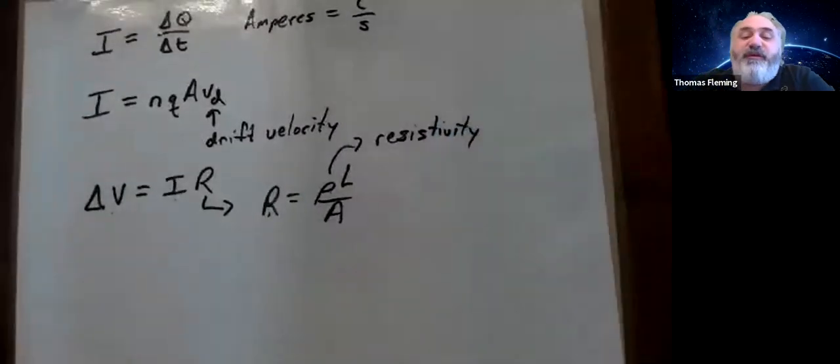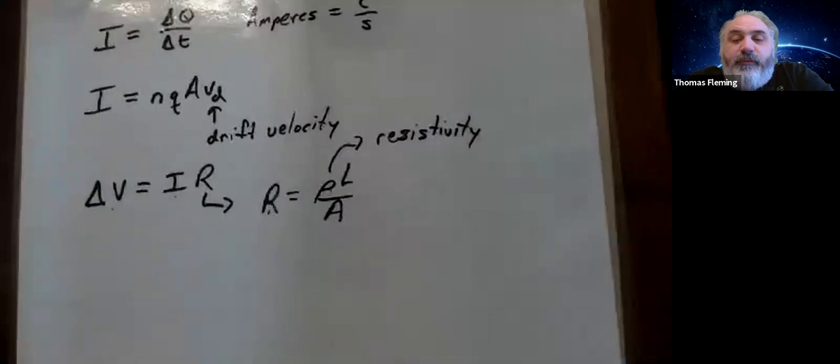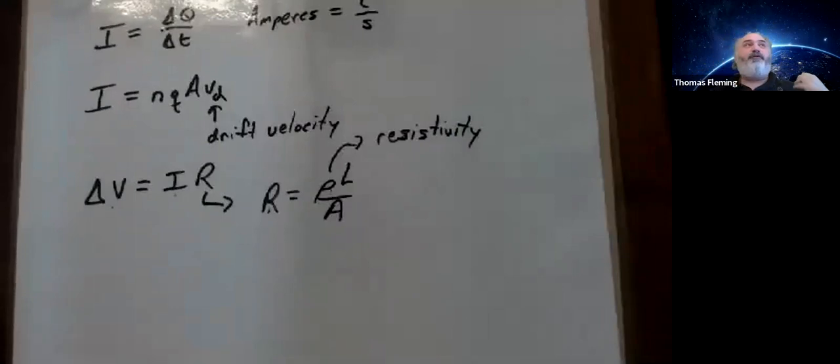And the resistivity is determined not by the size and shape of your wire, but just by the material. It's going to be a function of the microscopic interactions of the electrons inside that wire with one another and with the atoms in the lattice.